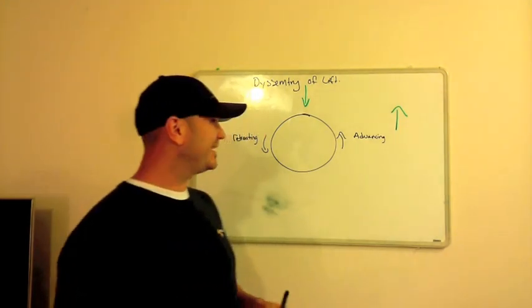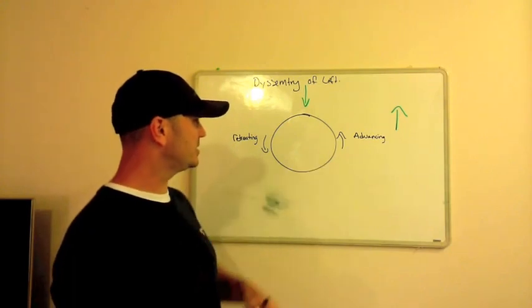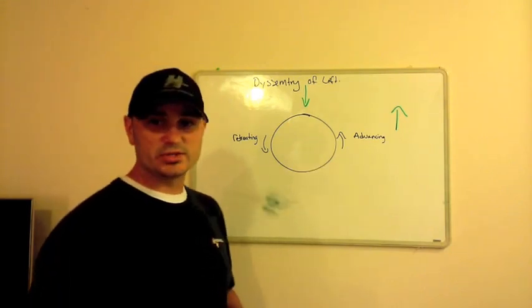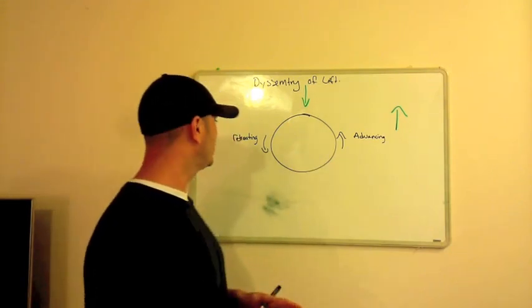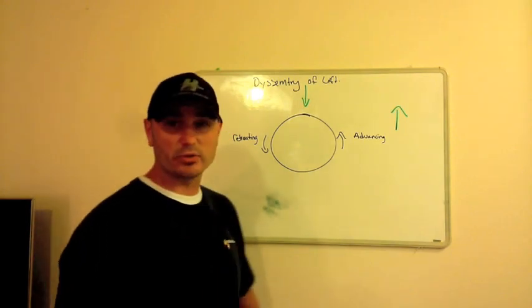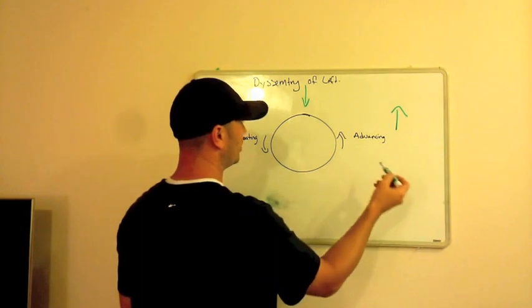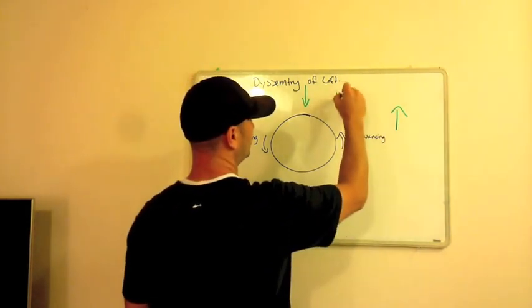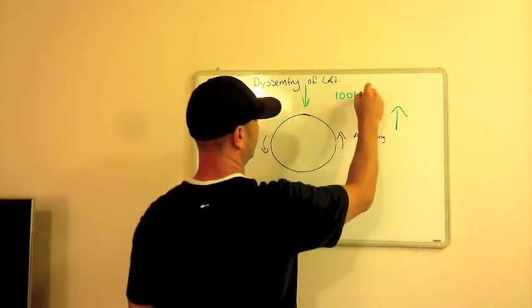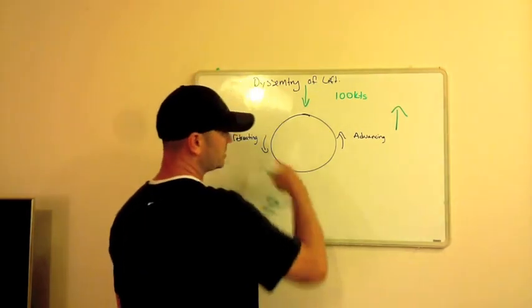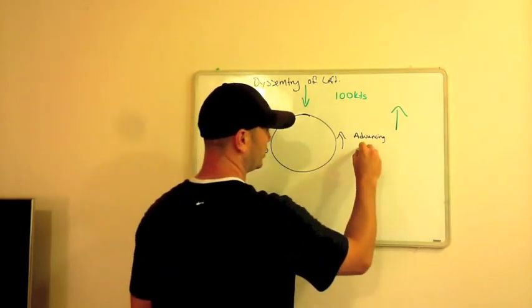The relative wind that's encountered by the advancing side is greater than the relative wind that is encountered by the retreating side. Because of this, we'll use some numbers here. Let's say we're traveling at 100 knots, and our blades are spinning at, we'll say, 300 knots.